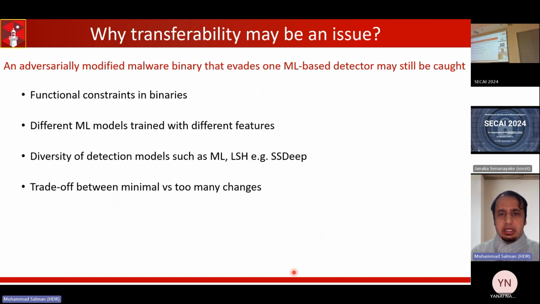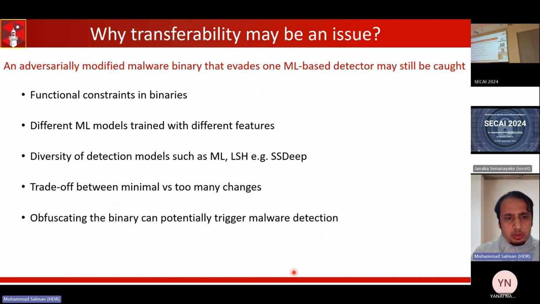However, due to the structural similarity measures of SSD, which divides a binary into different blocks and computes the hashes of each block, minimal changes will not be effective to evade SSD. On the other side, if the adversary also tries to evade SSD in the ensemble for transferability, and tries to make too many changes, it can result in making another signature which can be detected by other models.